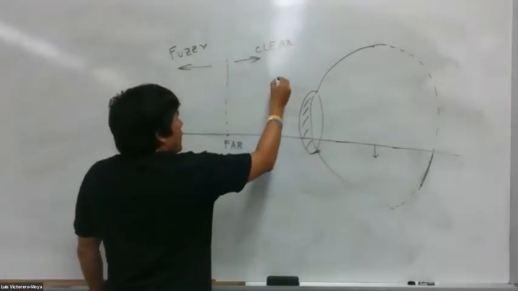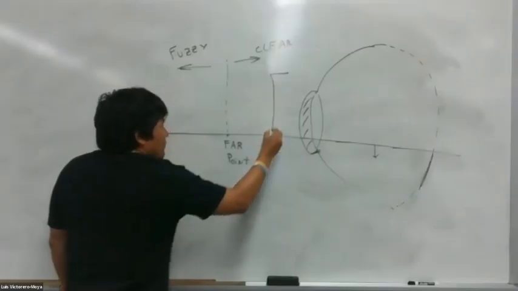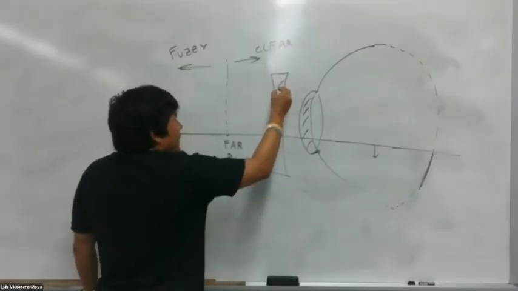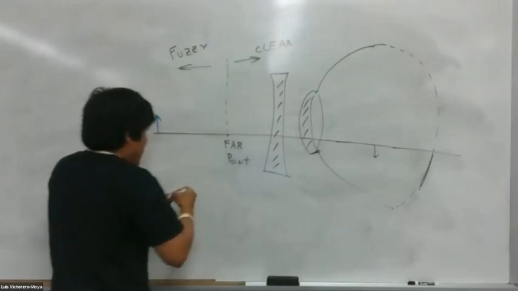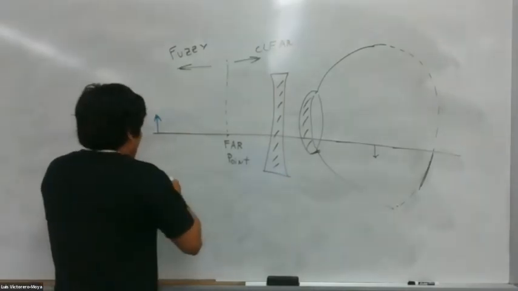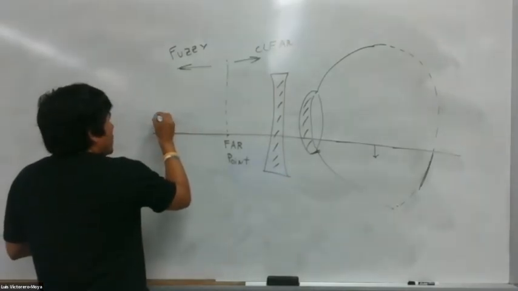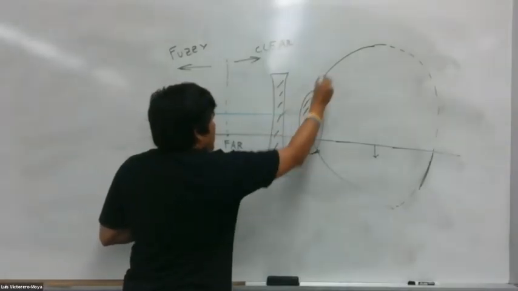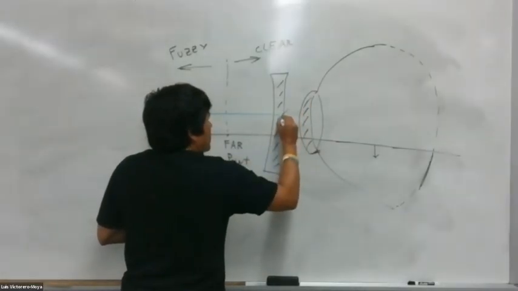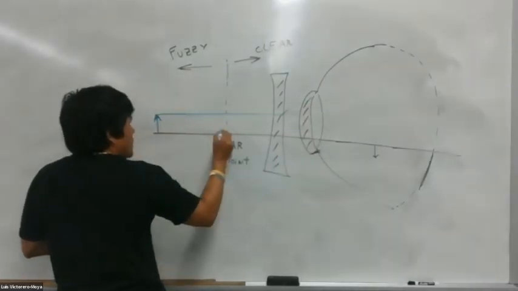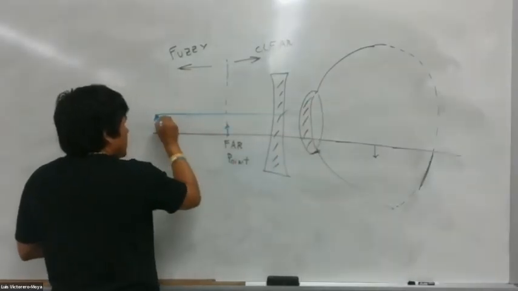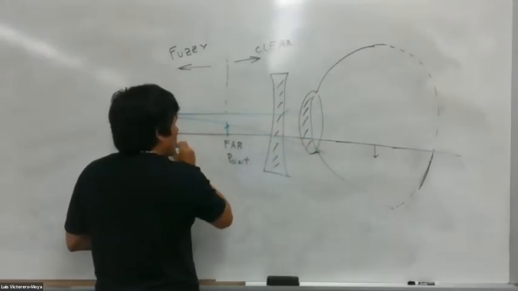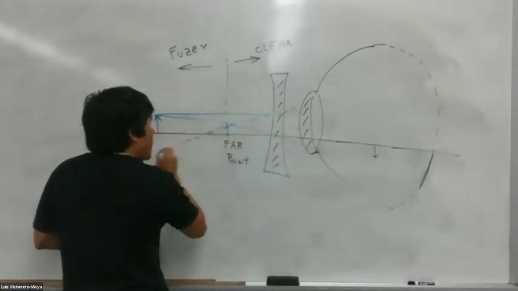So how about this? What lens is this? This is my concave lens. If you remember, light goes like this, and then it diverges. So let's make it diverge in such a way that the image is here.